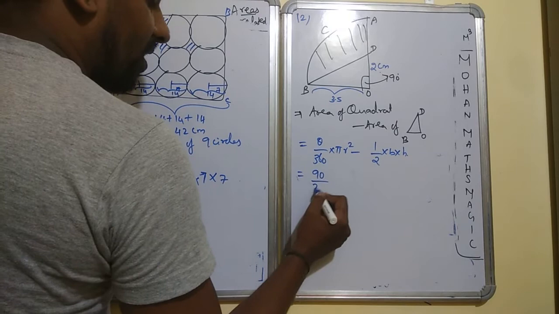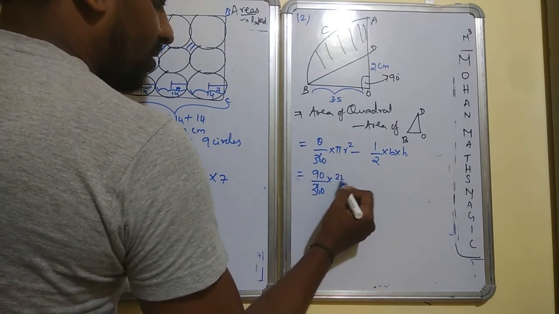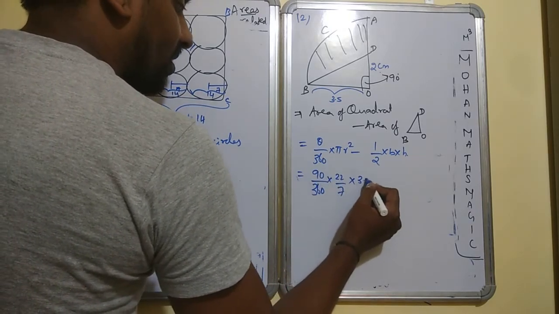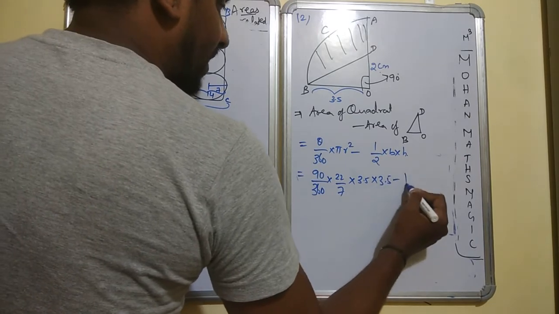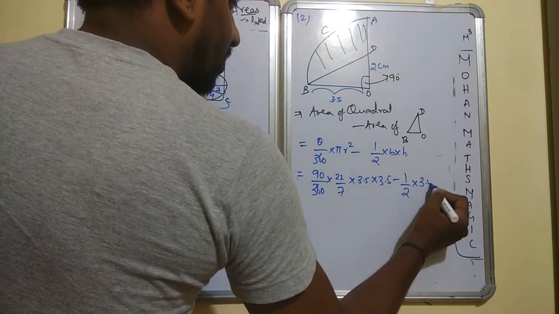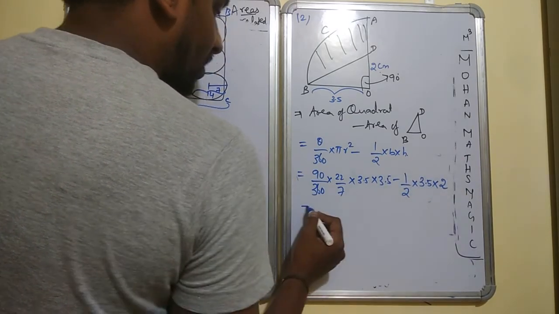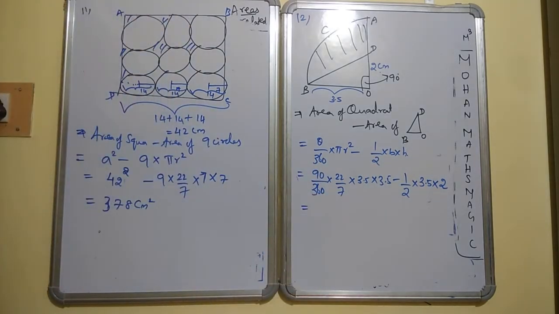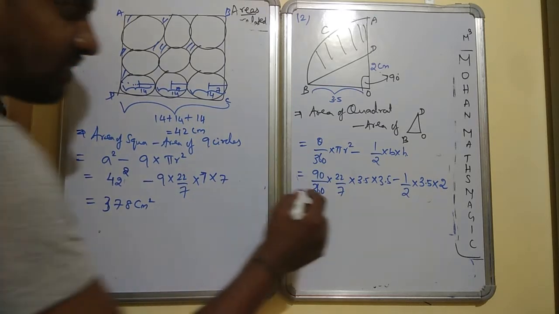Theta value, quadrant so 90 by 360, 22 by 7, radius 3.5 into 3.5, minus half into base 3.5, height 2. So the normal calculation, you get the answer: 6.125 centimeter square.